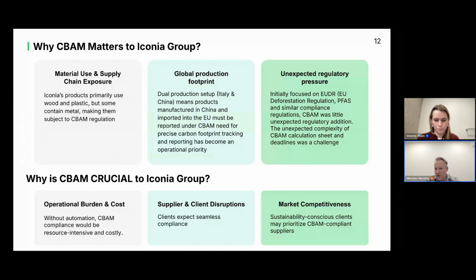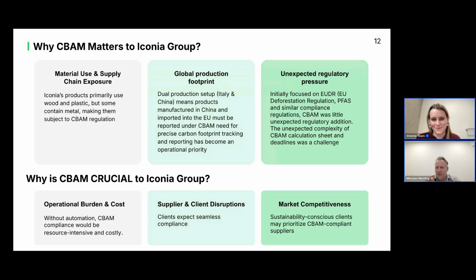Luckily, as Noemi already mentioned, we started a year ago already with carbon accounting in Greenly. So we had a base where we could build on and a partner that we could contact for guidance and for help. I mean, without this, probably most of you know the feeling when you open the CBAM calculation sheet for the first time and you just think, oh my God, what do I do?